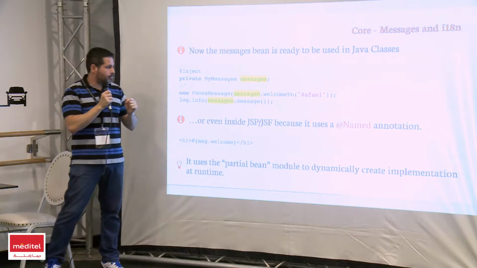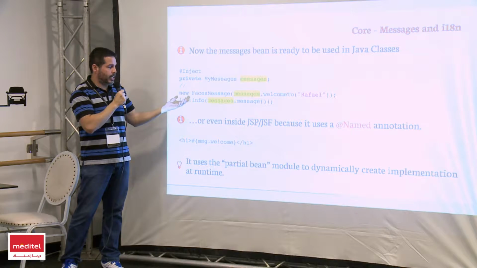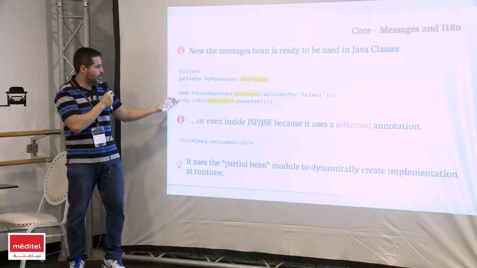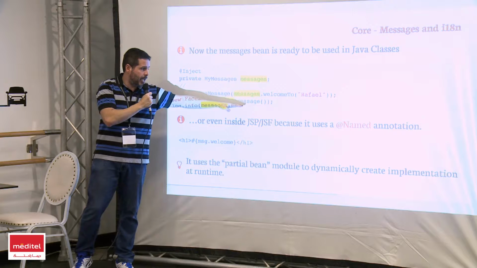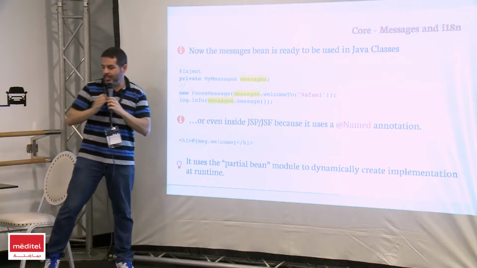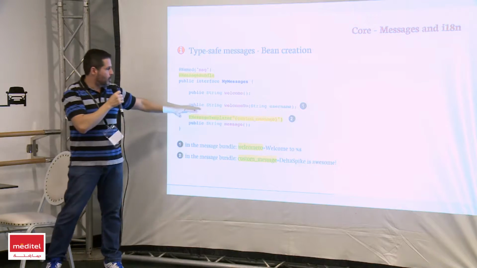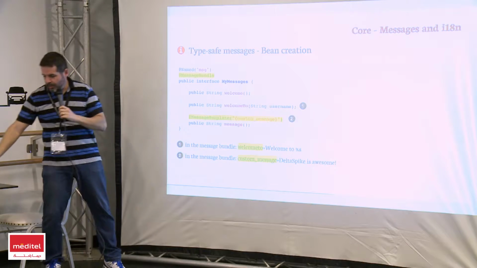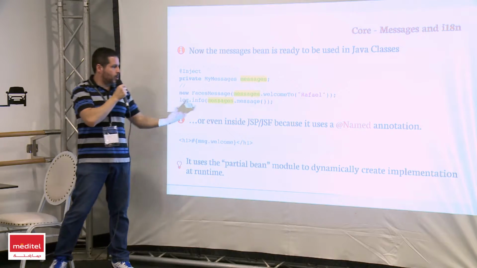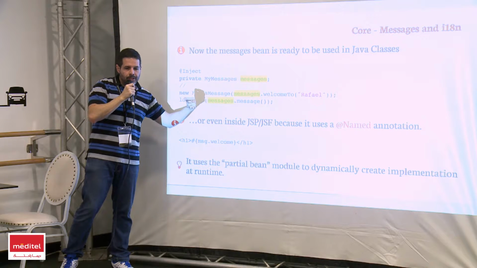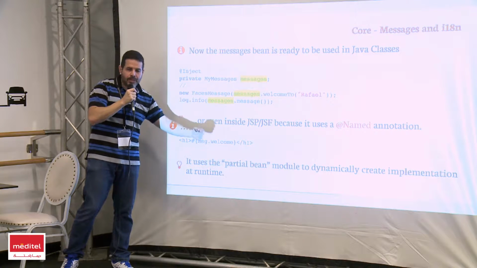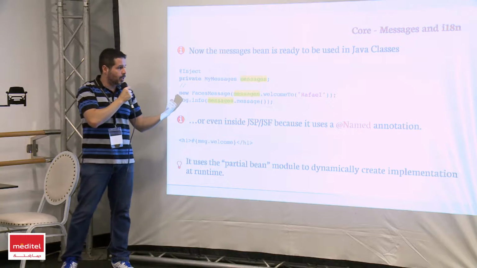Or in the case of a log message, I can say log.info message.message. I invoke this method, and remember, the signature of the method returns a string, and of course that string will look for the proper bundle file to get the proper translation and return it.